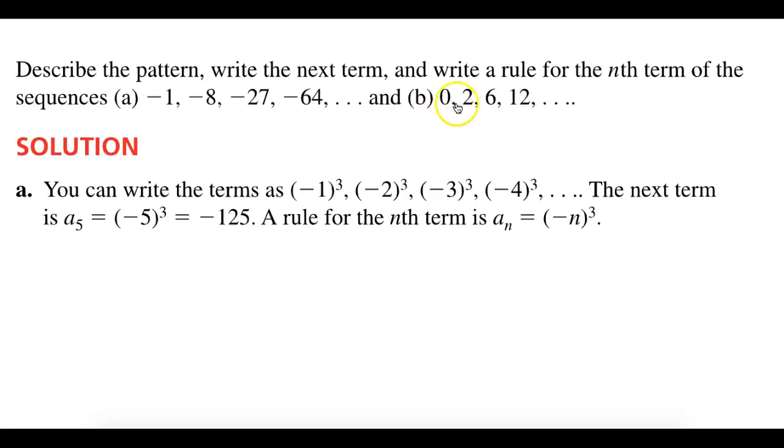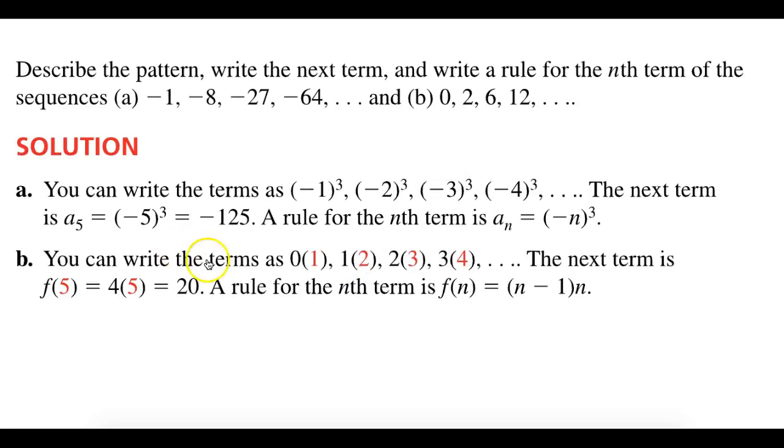So it looks like if you multiply n by the number after it, you get each value. If n equals 1, 1 times 0 is 0. If n equals 2, 2 times 1 is 2. If n equals 3, 3 times 2 is 6. If n equals 4, 4 times 3 is 12. My guess is that if n equals 5, 5 times 4 would equal 20.